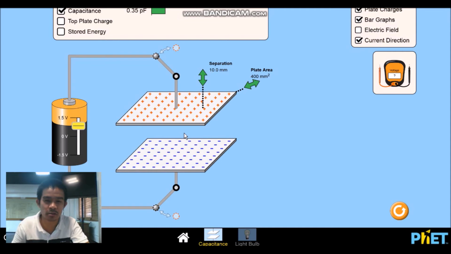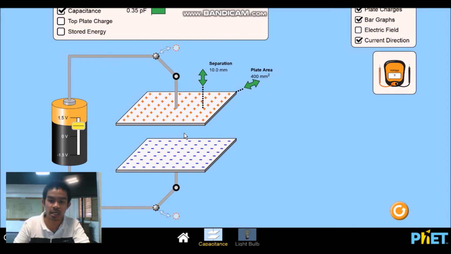With an insulator, it does not mean all electrons cannot flow. There are materials that are good insulators and materials that are bad insulators. With the best insulator, not even a single electron can flow in that material.